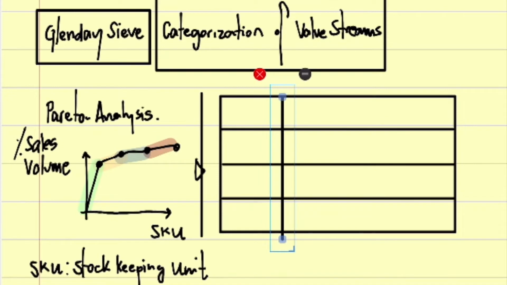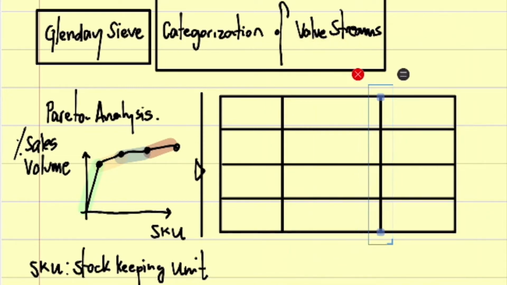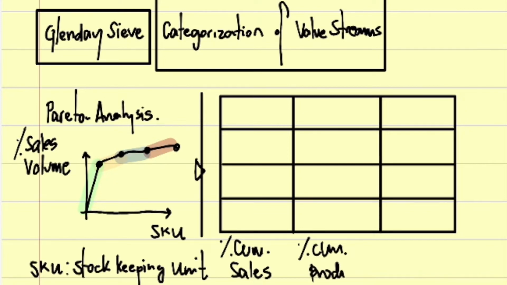This axis is the percentage of cumulative sales, and this is the percentage of cumulative product range.